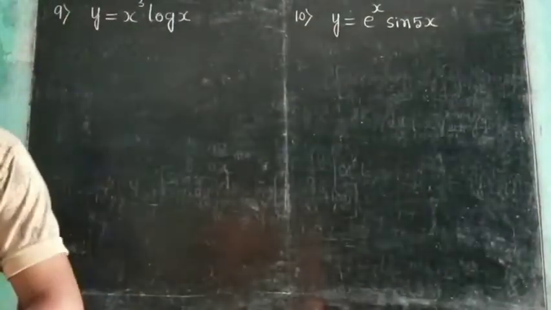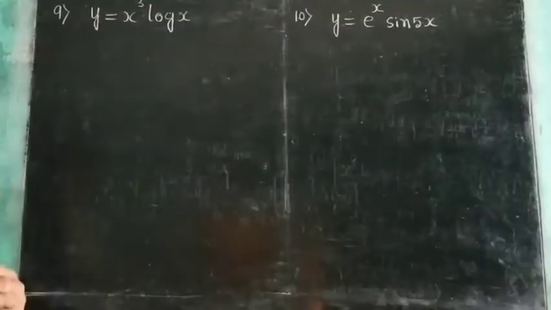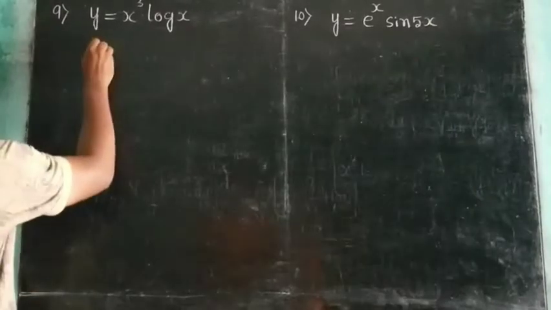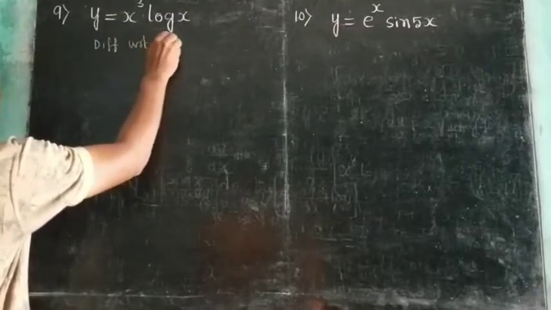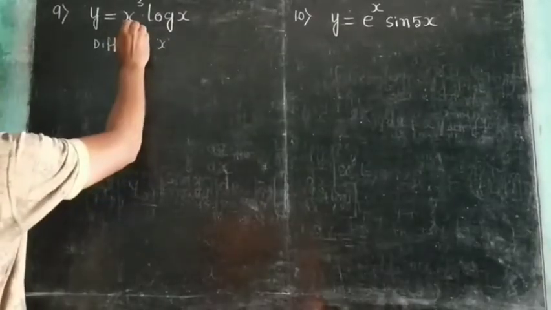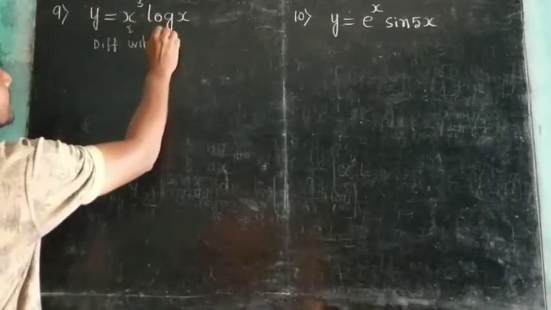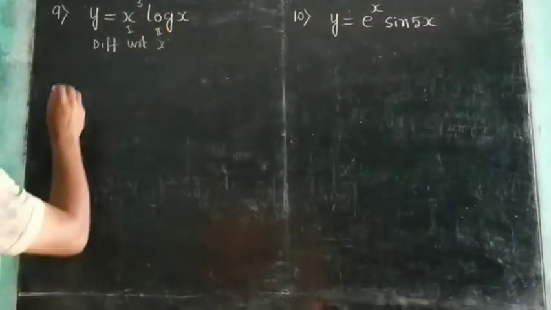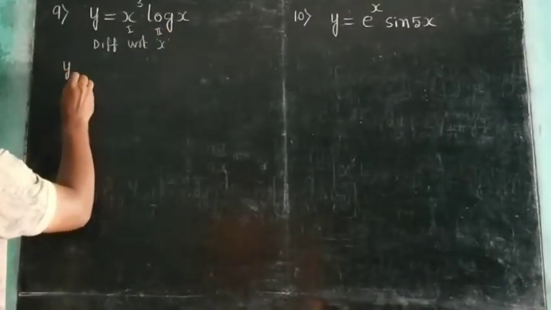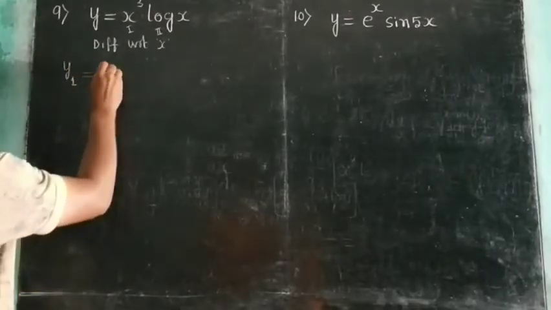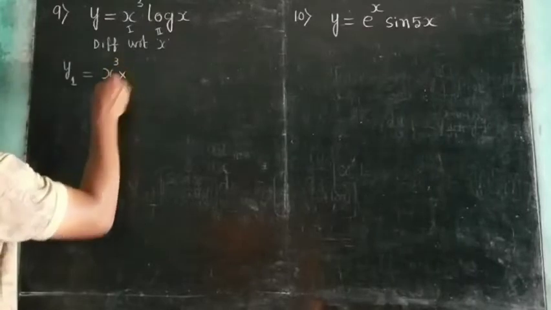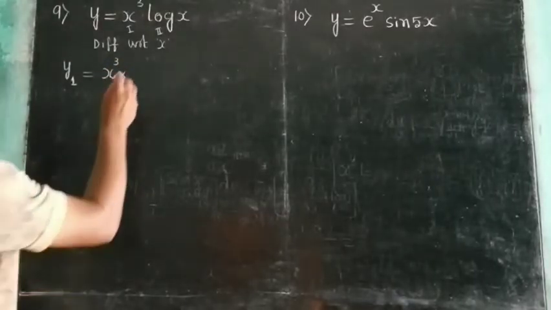Next, ninth problem: y is equal to x cube into log x. Find the second derivative. For finding the first derivative, differentiate with respect to x. Here product of two functions is there. First function is x cube, second function is log x. y1 is equal to, take first function as it is, into the derivative of second function.